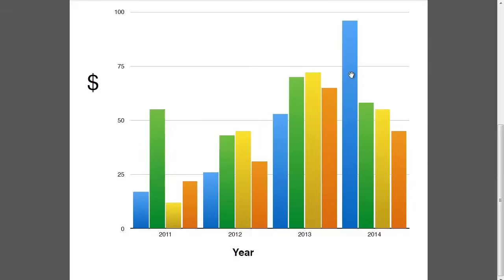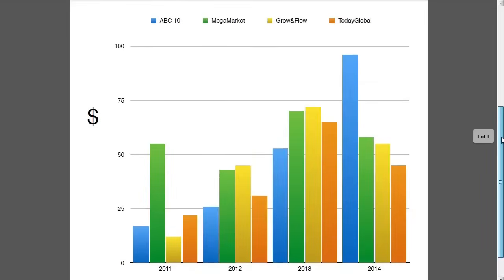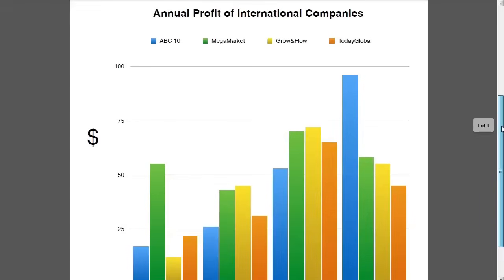However, what else can we see that really stands out is that in 2014, ABC10 company's profits skyrocketed. MegaMarket was the most profitable in 2012. It has a big difference from the rest. But then we can see that it dropped a little bit and then went up again.